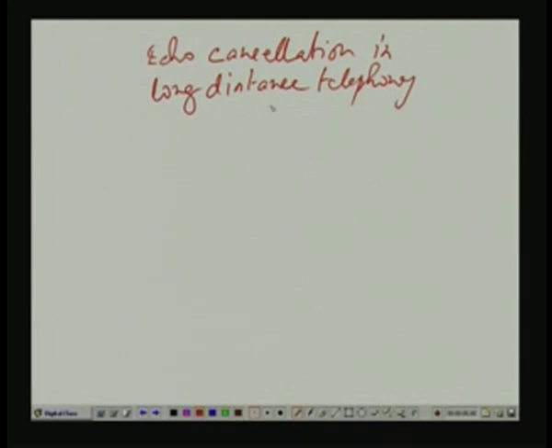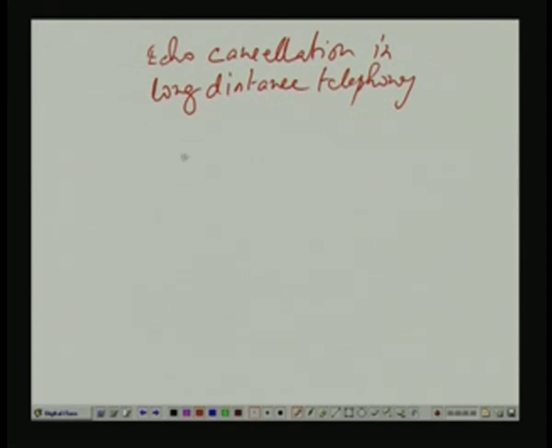Whenever you speak to somebody overseas, sometimes you might have heard an echo of your voice coming to your ear, which is very annoying and disturbing. It affects your hearing of the other end speaker.